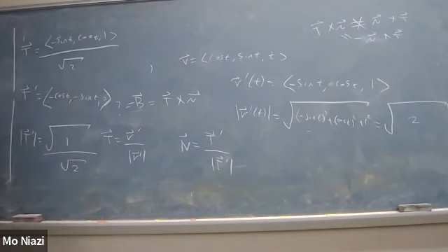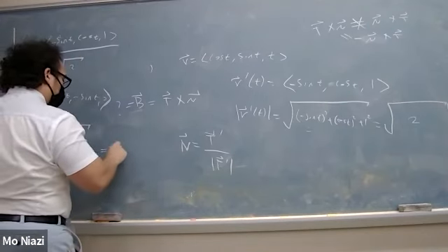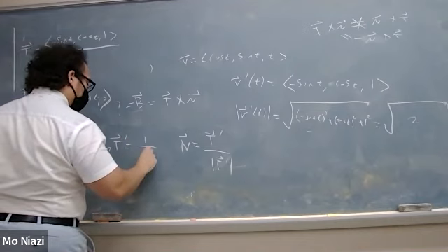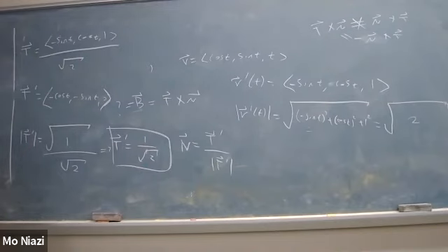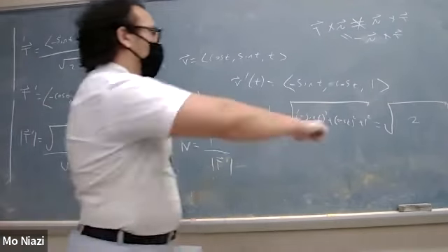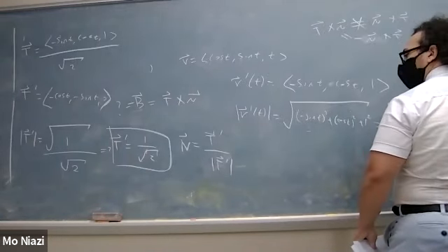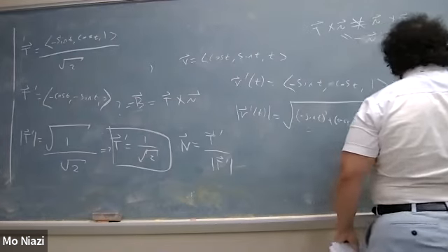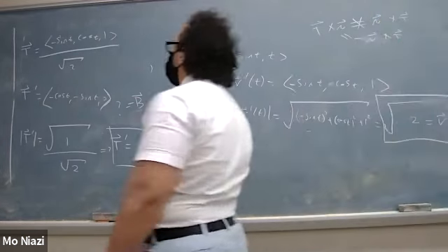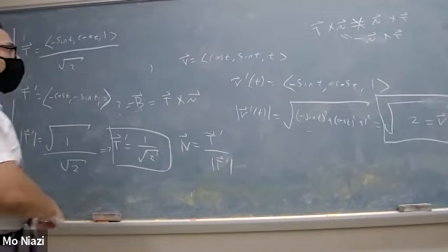So then the magnitude of T prime is just 1 over root 2. We've got this over here, and we can calculate it all now.